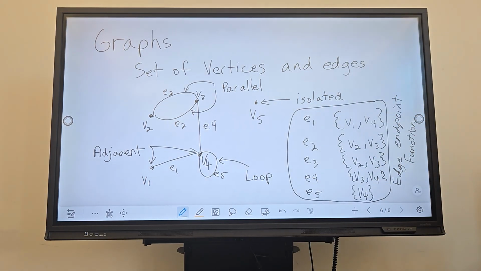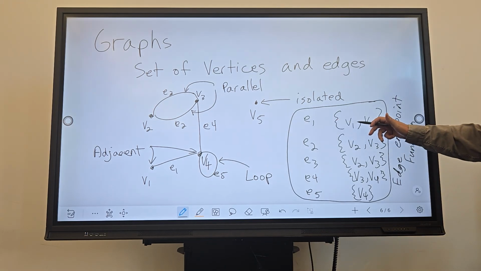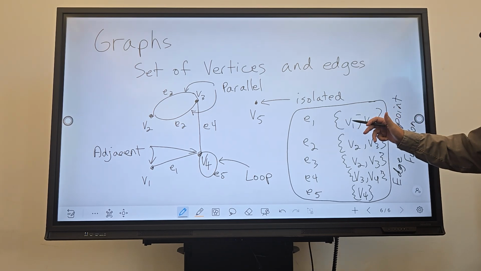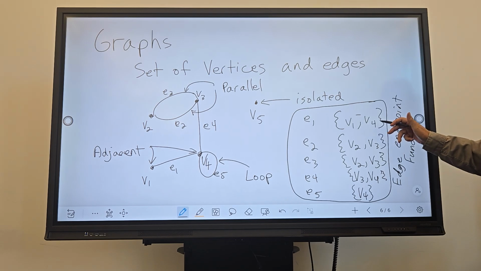All right. Now, a directed graph is a little bit different. Notice how the edge-endpoint function here is a set. It doesn't matter what order, it could be V4, V1, it doesn't matter.